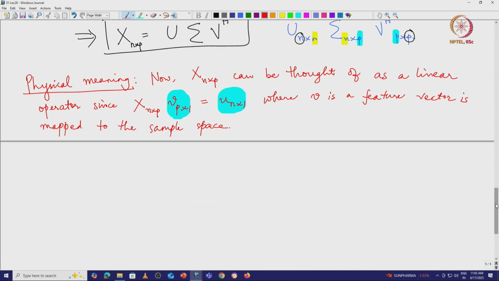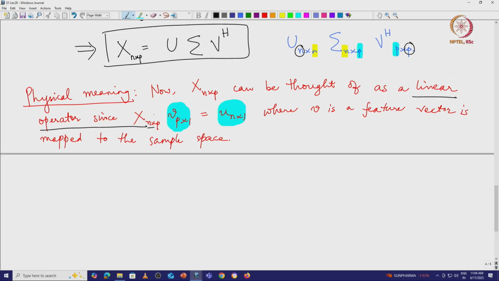Okay. So, essentially we are saying that there are 3 matrices and there is a physical operation that would correspond to each of these 3, right. So, this linear operator X we are splitting into 3 matrices U, sigma and V Hermitian, and these are the 3 operations, right. So, we are decomposing X into 3 linear operators.